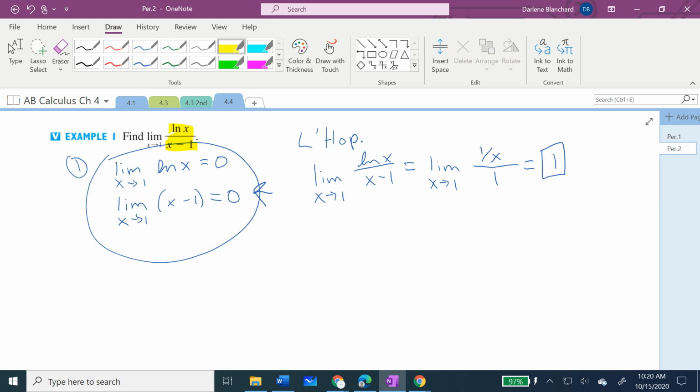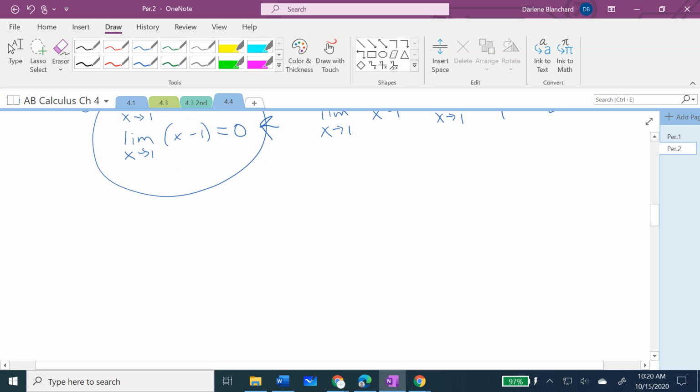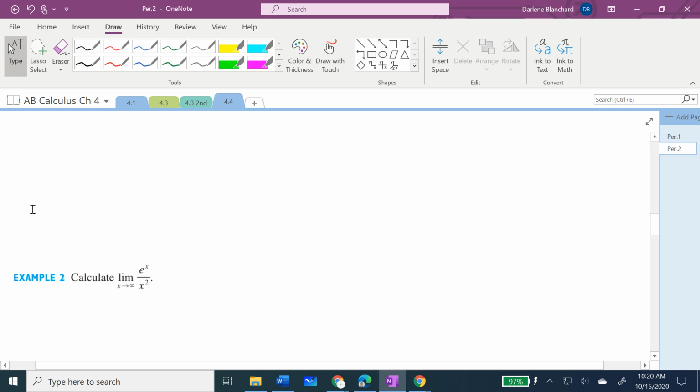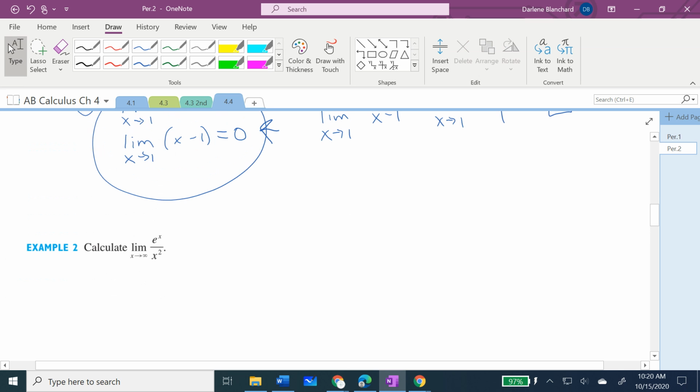Before we go on to section 4.5, we have to do this section because there are some graphs you're not going to be able to determine asymptotes for until you learn L'Hopital's rule, to learn a nice way to find limits of functions where you can't just algebra power your way through it. All right, it's time for another example, and then we'll do another example, and then another. Yay.